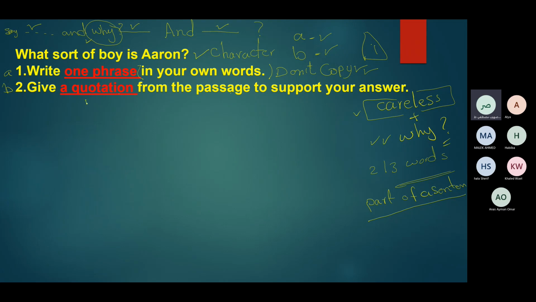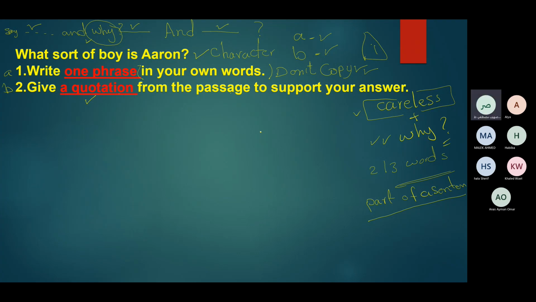It means you will find a part from the text that shows he is careless. Don't give a reason from your own. The reason you gave to us is using your own words based on your understanding, and it's incorrect. Even if it's correct, it's still incorrect.